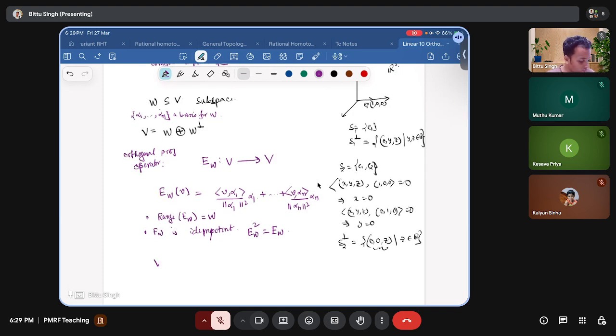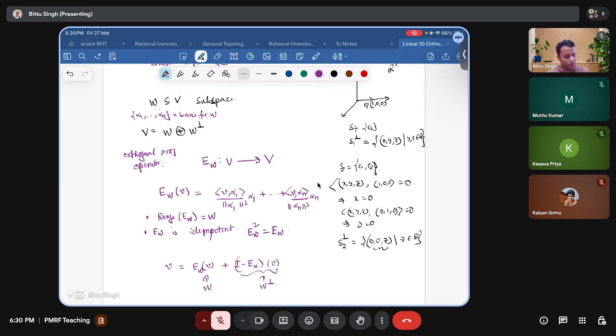Therefore, for this kind of idempotent case, you can always express any arbitrary vector v as E_W v plus (I minus E_W) v. Note that the first belongs to the subspace W and the second belongs to the subspace W bar.